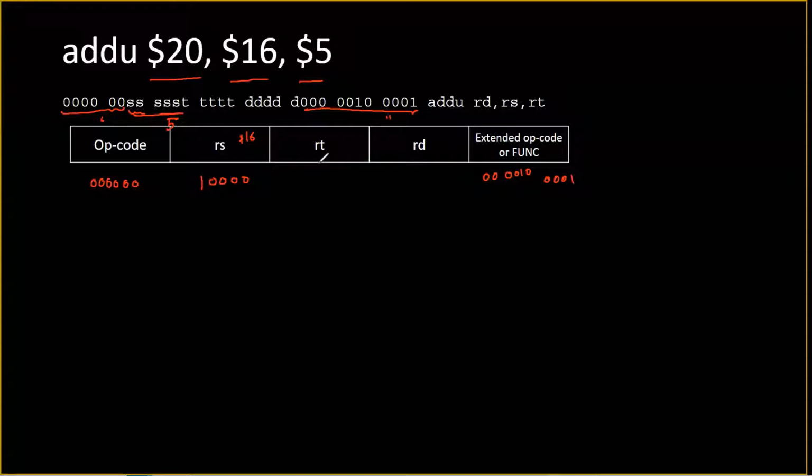Here, the next one is RT. We see that we have another 5 bits, and this one is going to be the last register. So you just have to look at the pattern. The last register that we have is 5. So how do I write 5 in binary?